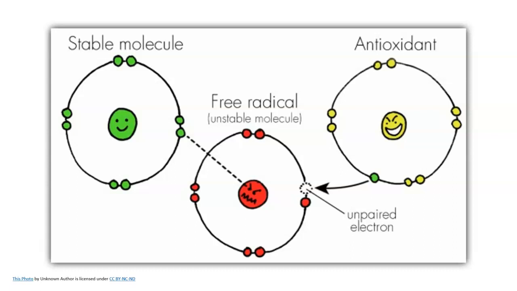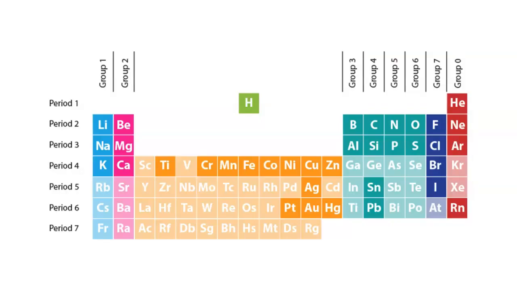Those free radicals are always going to have nitrogen as the central atom, and the nitrogen will only have 7 electrons, okay? And that is true for what we're working on in molecular modeling.